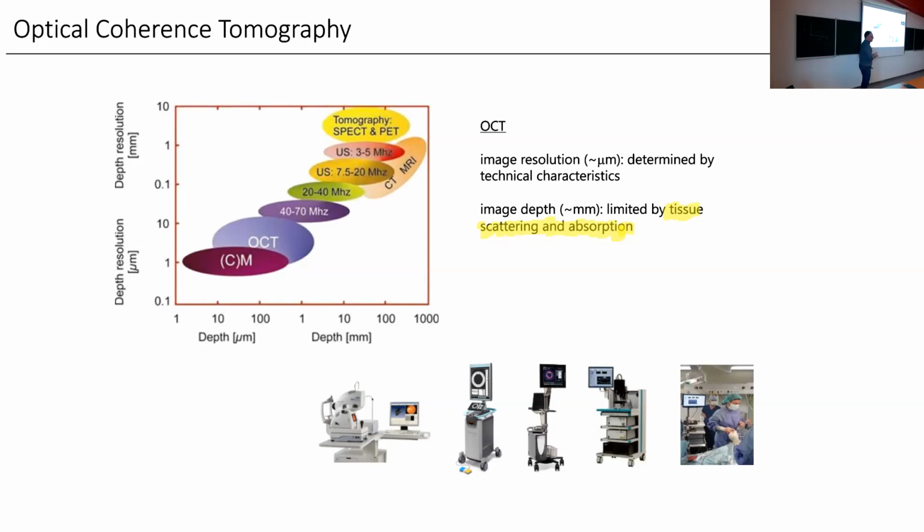The actual medical imaging techniques like PET, SPECT, and MRI can image much deeper, of course, the whole body if needed, but the price is that the resolution is not so good. So there's a special place for OCT if you need this resolution.